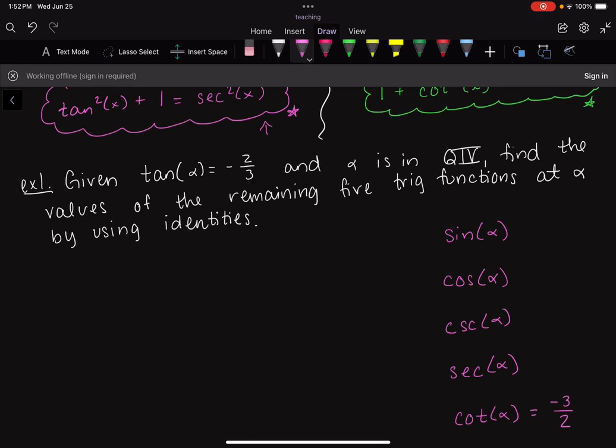Sometimes I'll have students think that they can go get sine or cosine from this. The issue is using identities. So we do have an identity that tangent is equal to sine over cosine. The issue here is this is saying tangent is -2/3.